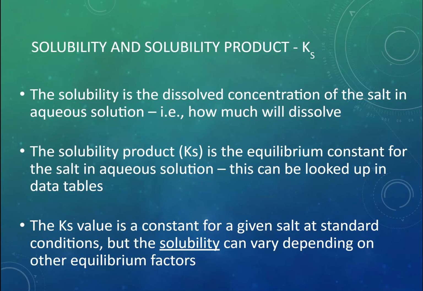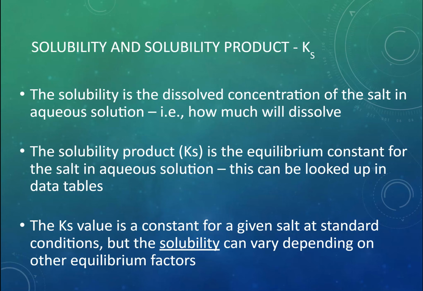However, the solubility product, Ks, is actually a constant. It doesn't change unless you change the temperature. I should say temperature can affect Ks just as temperature can affect any equilibrium constant expression. But otherwise you can simply look up values of Ks in a data table and away you go.